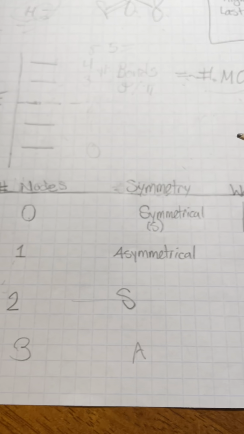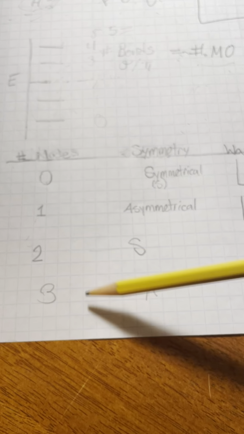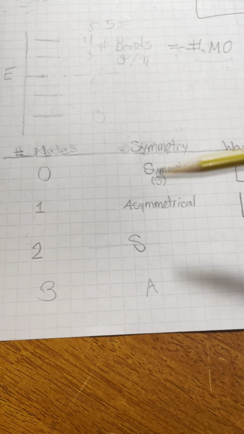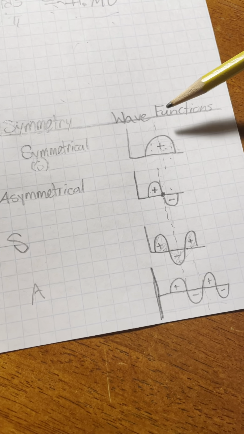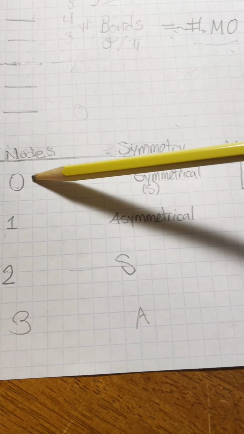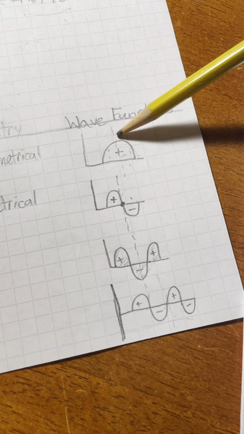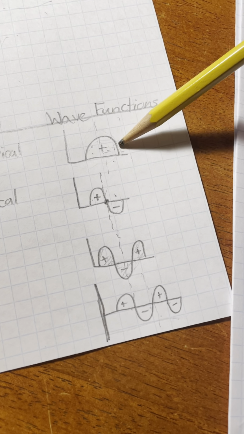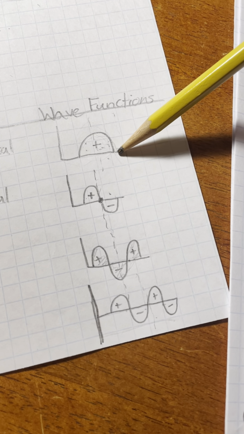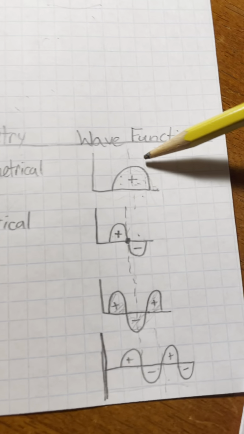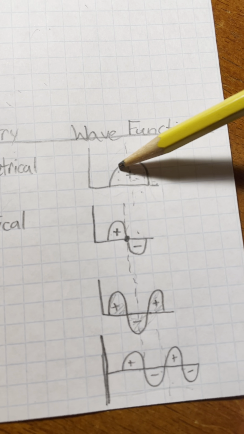Here we have a little graph to kind of understand how this works. So we have to think of it in terms of wave functions. With 0 nodes, it's going to be symmetrical, and it'll only have something like this. 0 nodes, because nodes happen when you cross this line. So it's symmetrical because when you split down the middle, it looks like a mirror.